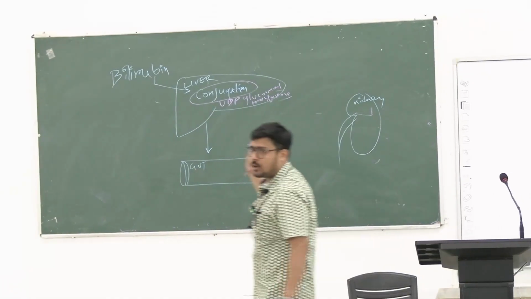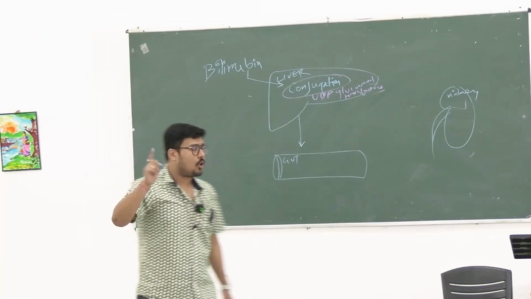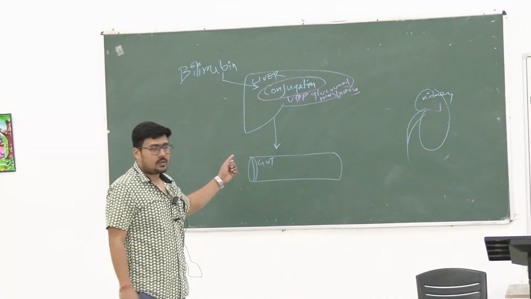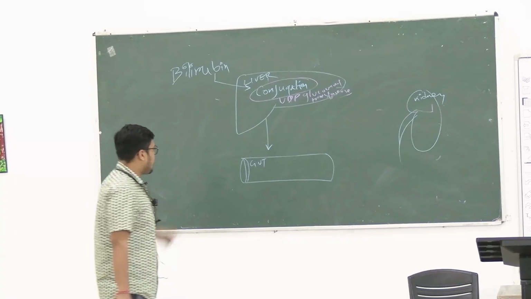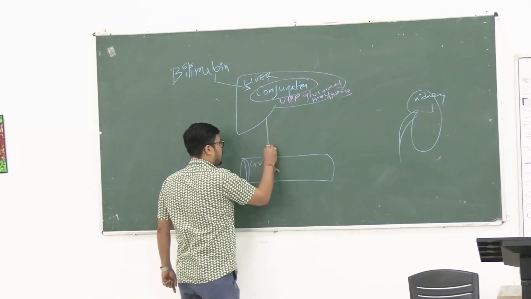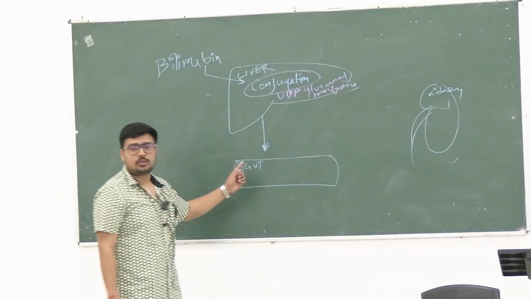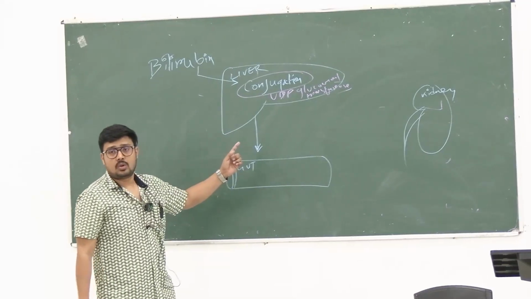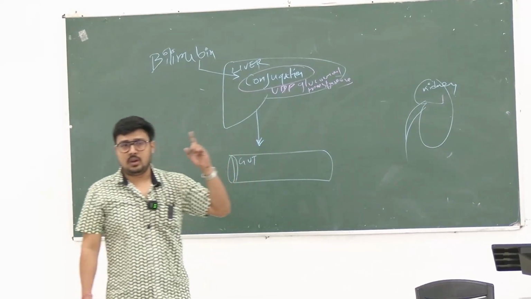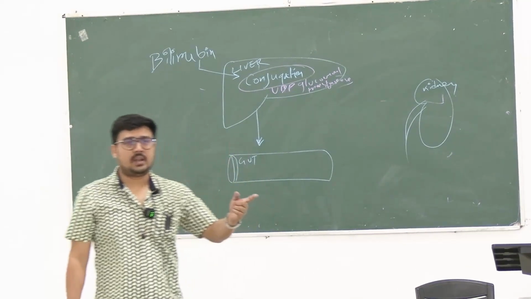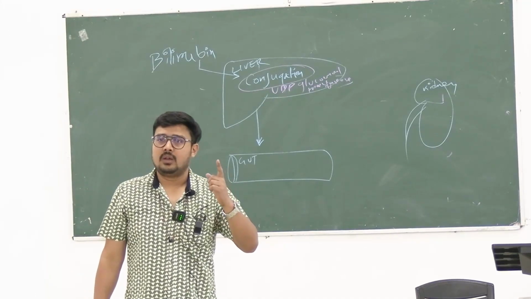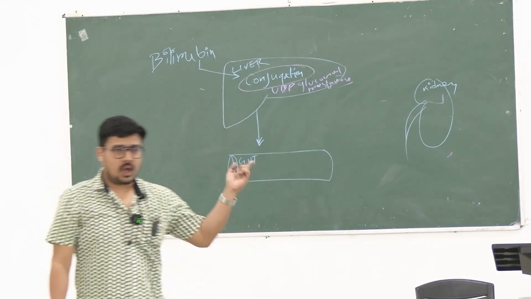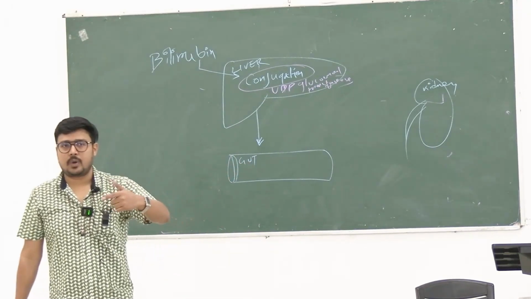So after the conjugation, this conjugated bilirubin has a route of exit through the intrahepatic duct, common hepatic duct, and common bile duct after getting tributaries from the cystic duct.